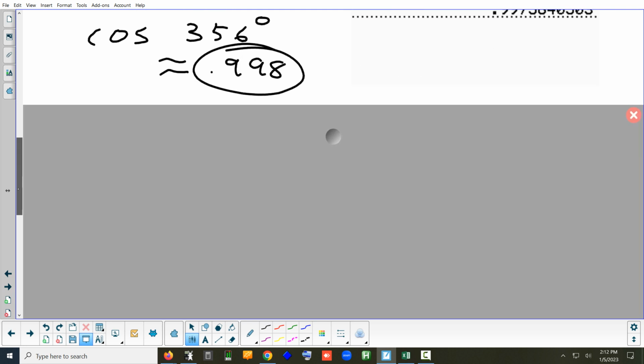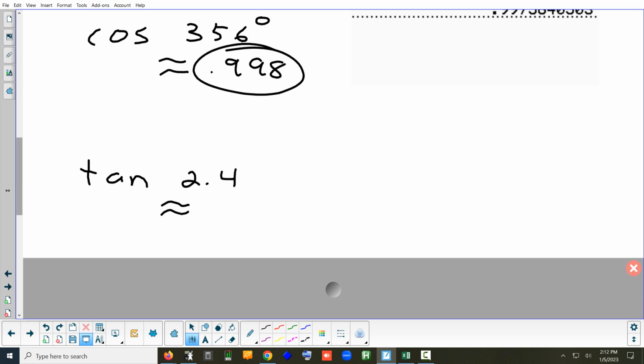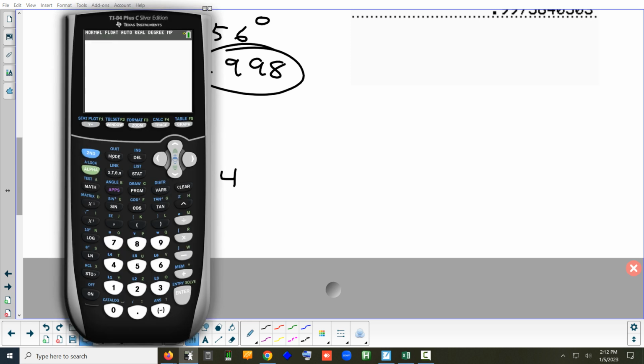Okay, what about this one? What does that one say? Tangent of 2.4 radians. You don't see a degree symbol here. That's how you know it's radians. So go to mode, put it in radians, and type in tangent 2.4.